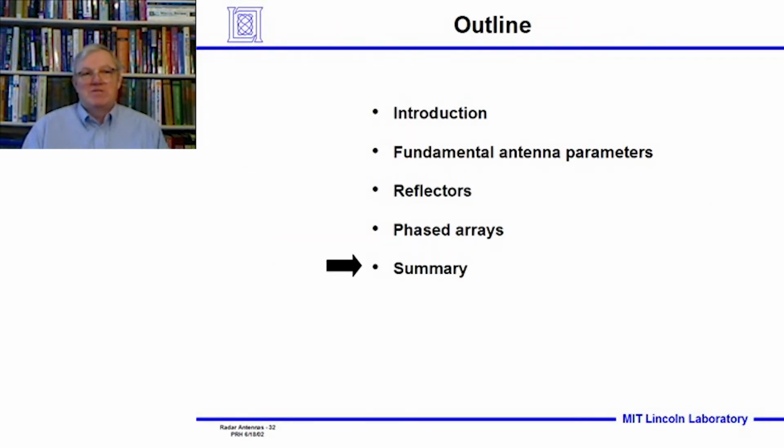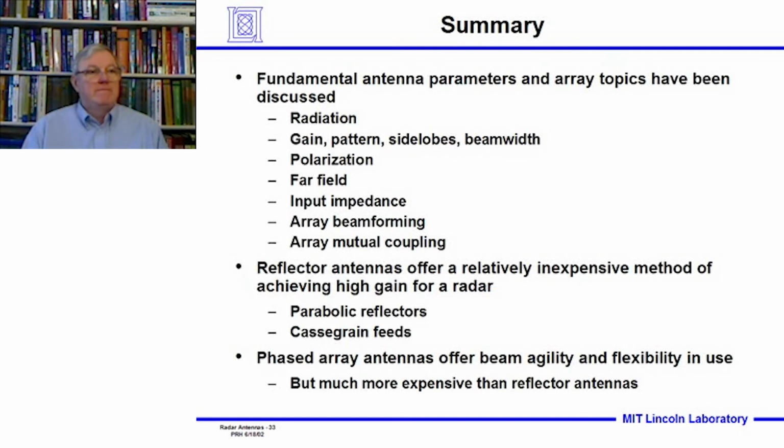Okay, now to summarize. We covered an awful lot of material, and I'll probably be breaking this up into 3 pieces, not just 2. In summary, we've talked about antennas, fundamental antenna parameters, and array antennas. The topics we've discussed are radiation, gain, pattern, side lobes, bandwidth, polarization. We've talked about the far field, a little bit about the near field too, input impedance, how we form beams with arrays.